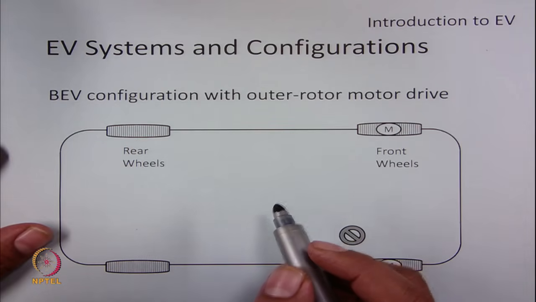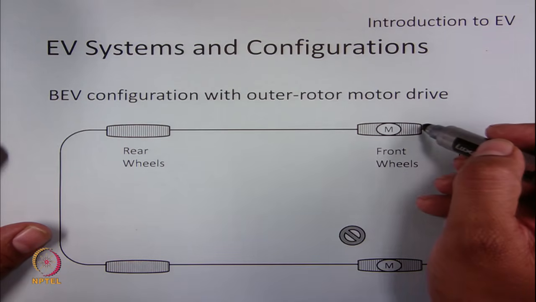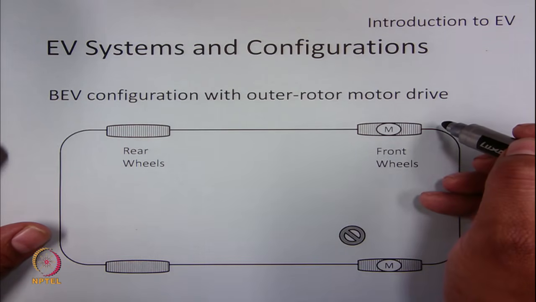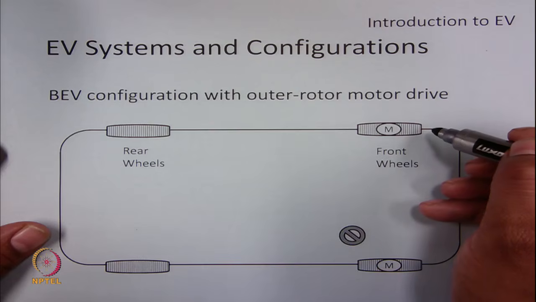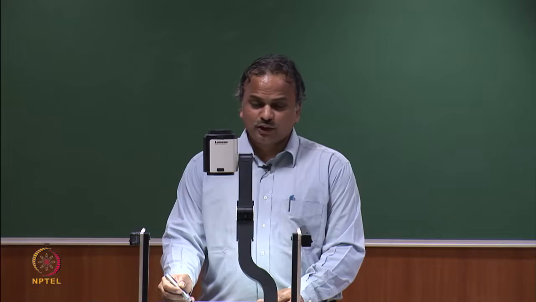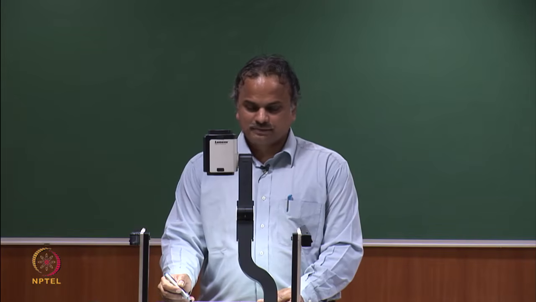There is another type of in-wheel drive where we can also eliminate the gearing system. As we can understand, if there is no gearing system involved, the speed of the motor is the speed of the wheel. So, we are talking about a low speed motor configuration.